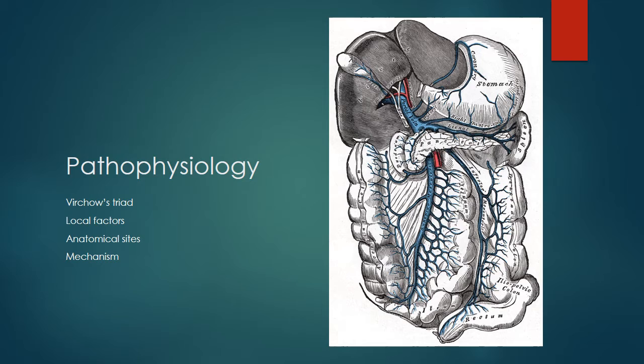thrombosis in the large veins, whereas hypercoagulable states such as genetic predisposition and systemic malignancies tend to cause thrombosis in the smaller intramural venules and venous arcades.